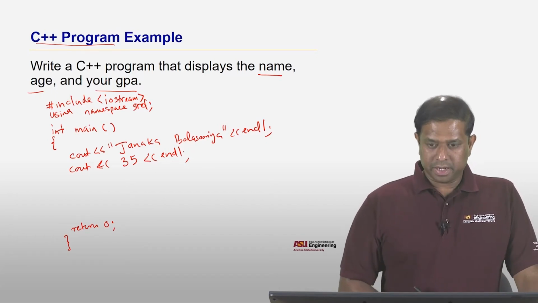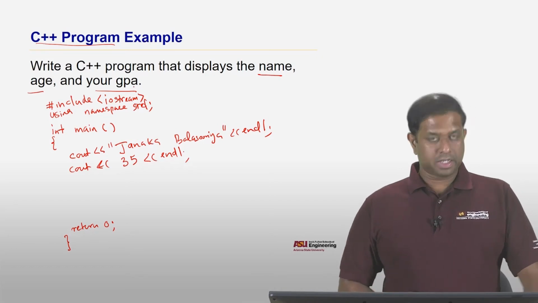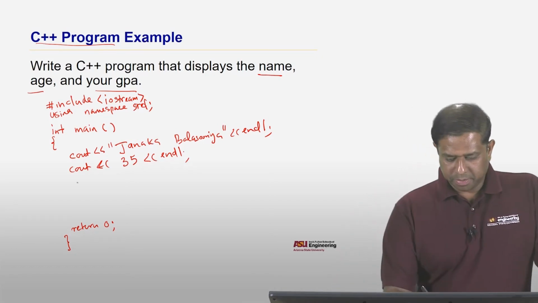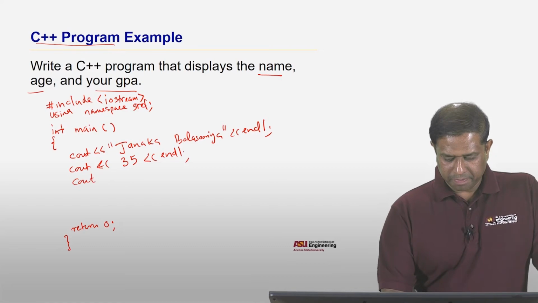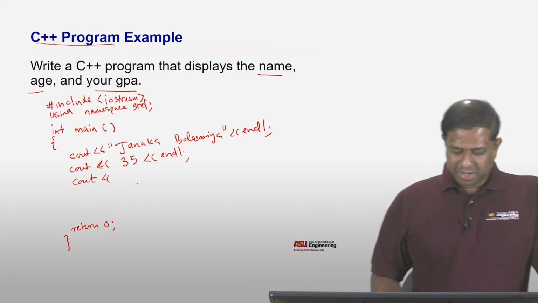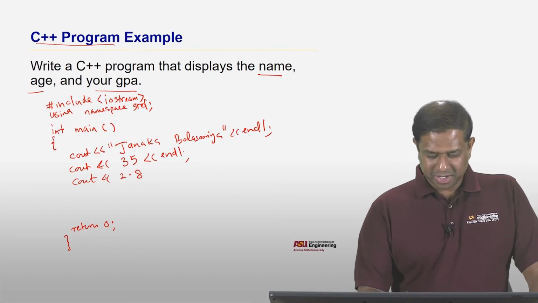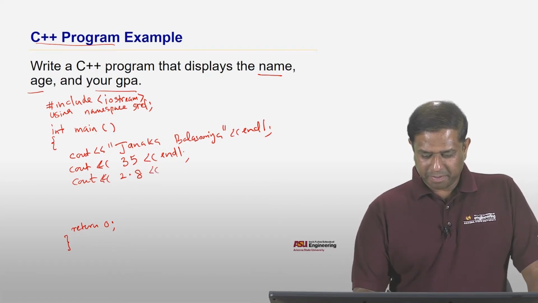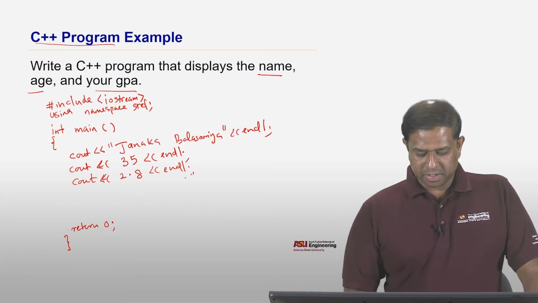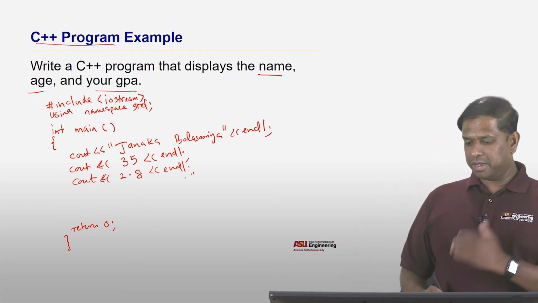After displaying the age, we can display, let's say, GPA. Suppose my GPA is not that good, so say something like 2.8. So now this is going to be my GPA and endl, so that's going to display the GPA.